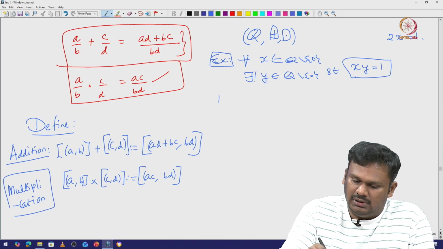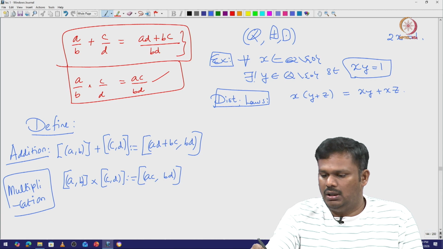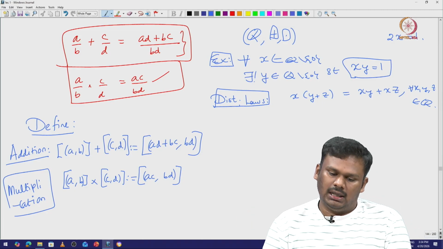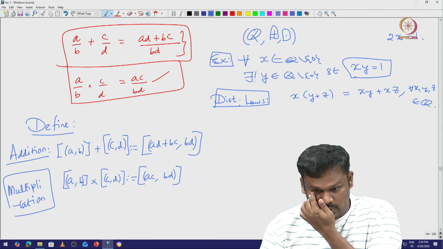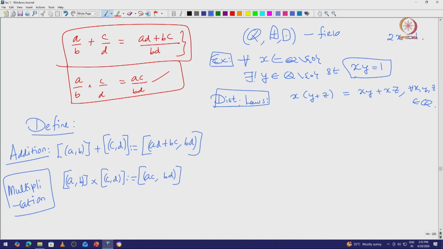The distributive laws are exactly what we had for the integers: x into y plus z should be the same as x y plus x z, and this should be true for all x, y, z coming from Q. And all these properties will make this Q, plus, cross into a field. That is something I am not going to check, I am just telling you early.